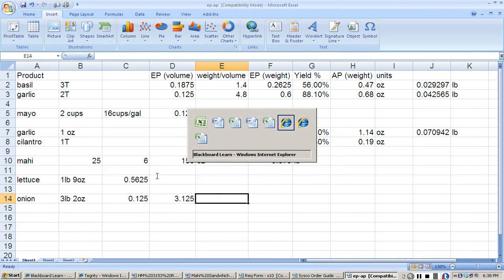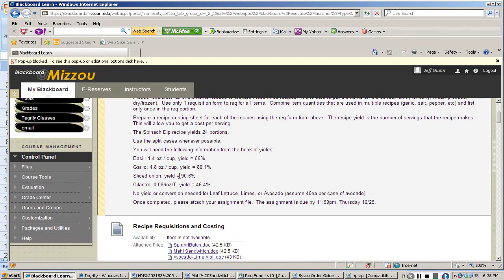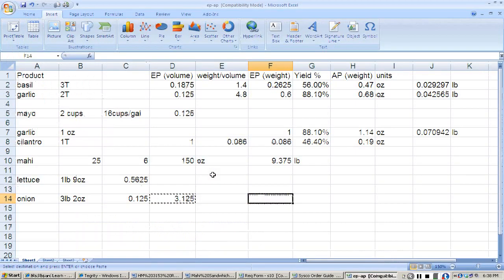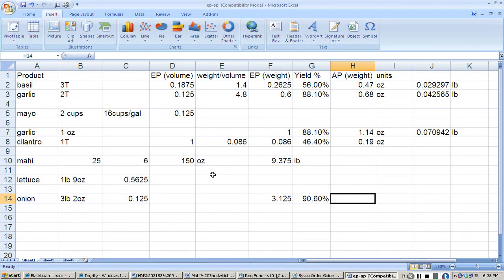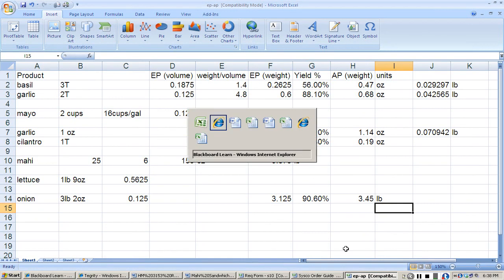The yield is 90.6%. I guess I can put that. So EP weight is 3.125 pounds, 90.6 yield percentage. So I need 3.45 pounds of onions.